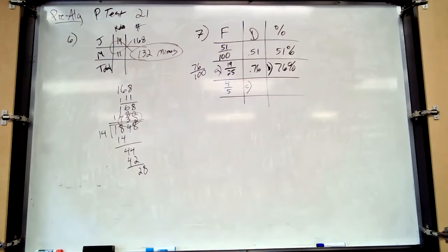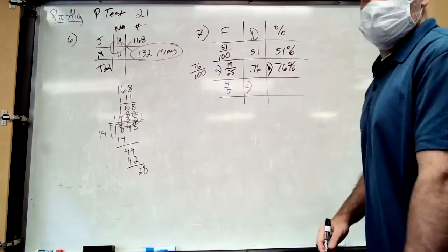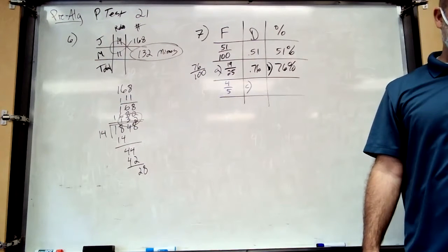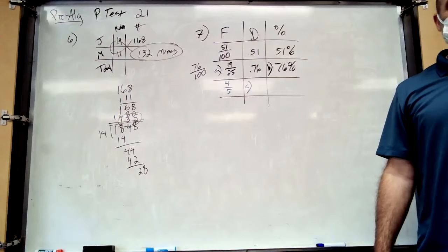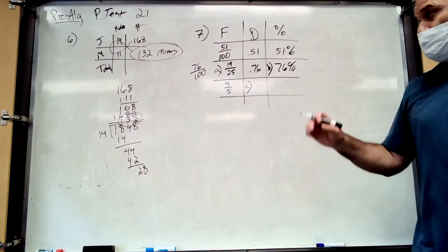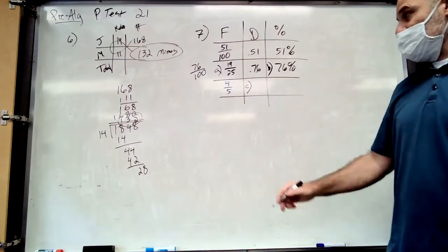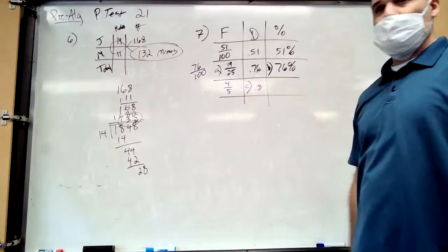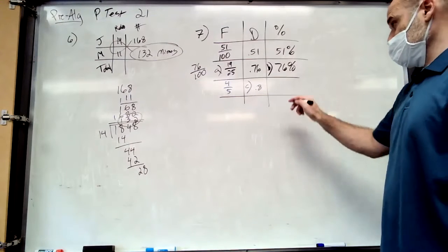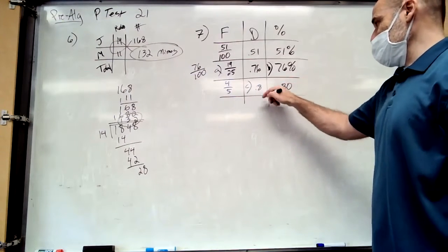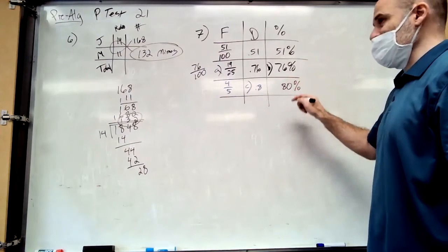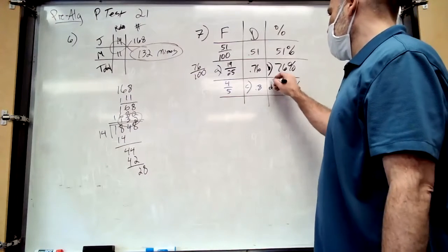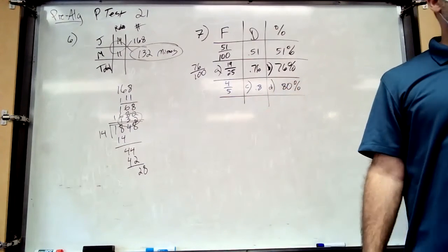How do you change a fraction to a decimal? You divide. Yeah. Since you can use a calculator now, 4 divided by 5 on your calculator gives you 0.8. And what percent is 0.8? 80%. Remember, 2 places to the right, no more, no less. It's 80. So far, so good?